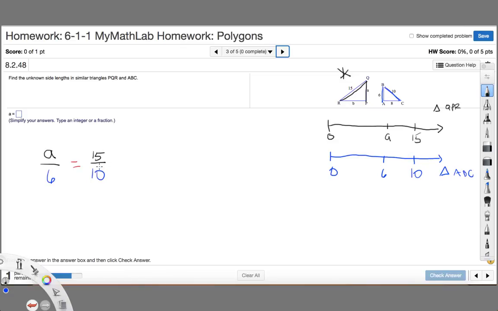So another way of saying this is that 15 is 1.5 times as big as 10. A has to be 1.5 times as big as 6.